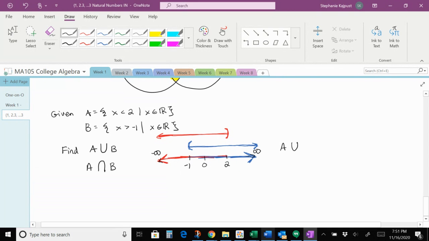So A union B would be x where x is a real number, if you want to use set notation, or you can just write it in interval notation, -infinity to +infinity, because when I drew wherever I had solutions, my entire number line was covered up.